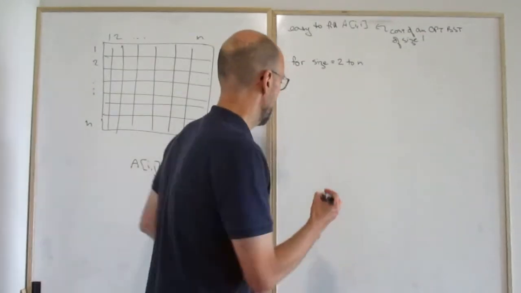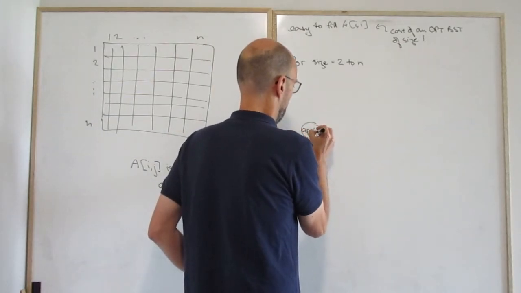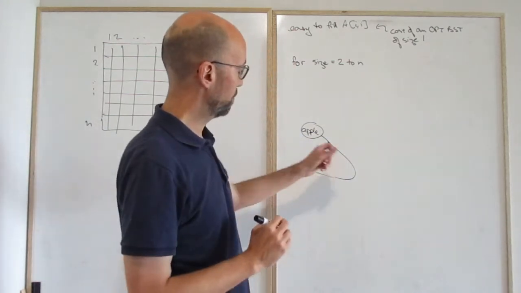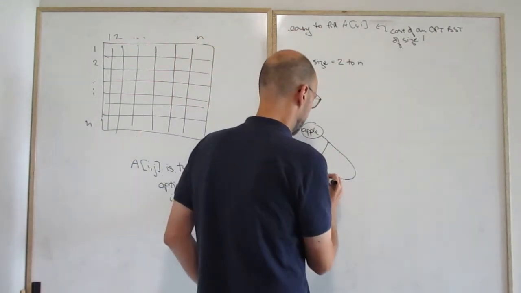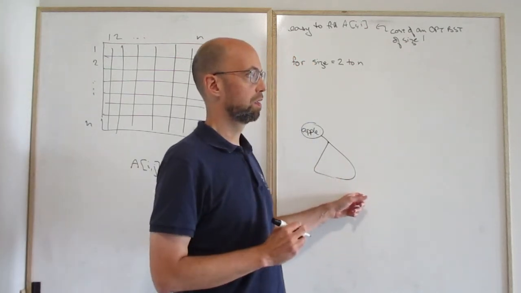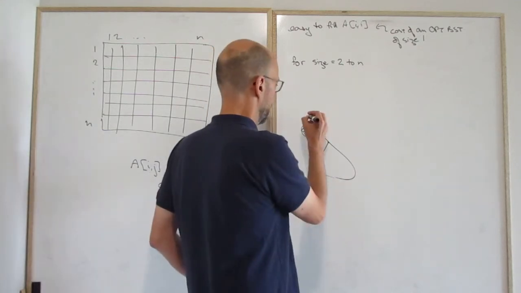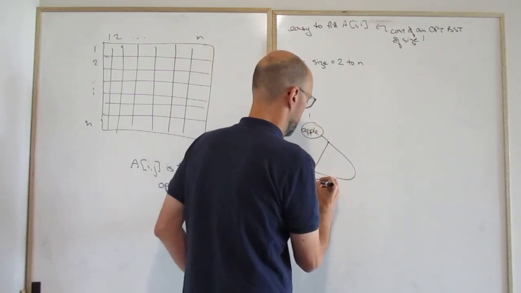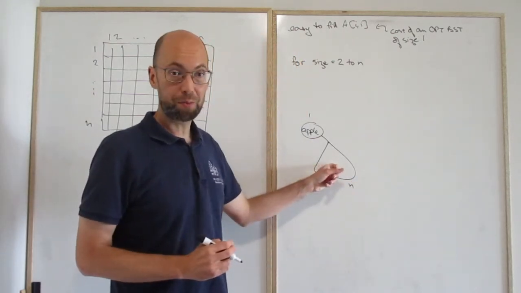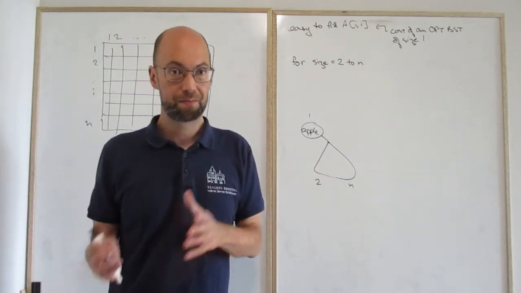Well, the root could be apple, in which case you have an optimal binary search tree on keys banana through quince. So this could be 1 and this could be 2 to n. This is an optimal binary search tree of size n minus 1.